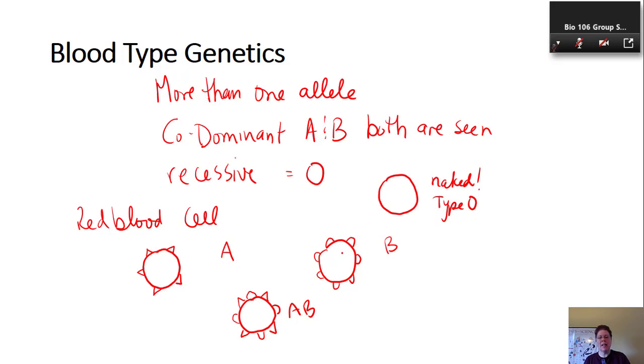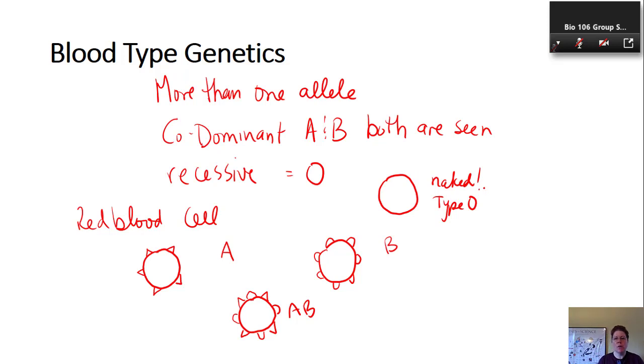They're thinking about this as an invader, as some sort of disease, and if you give someone who has type A blood a type B blood transfusion, you can kill them relatively quickly. If you have type A blood and we give you AB, the same thing will happen. If you have type A blood and we give you type O, there's nothing on the surface of the type O blood cell for your body to recognize, so you'd be fine.